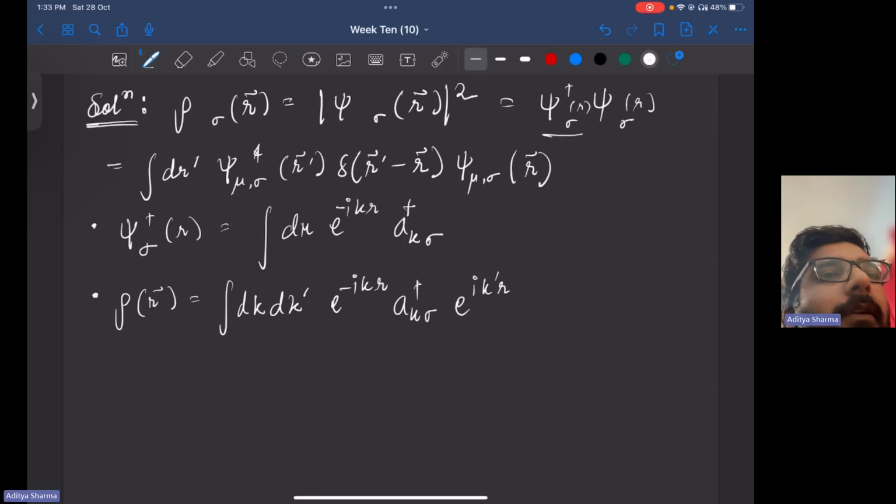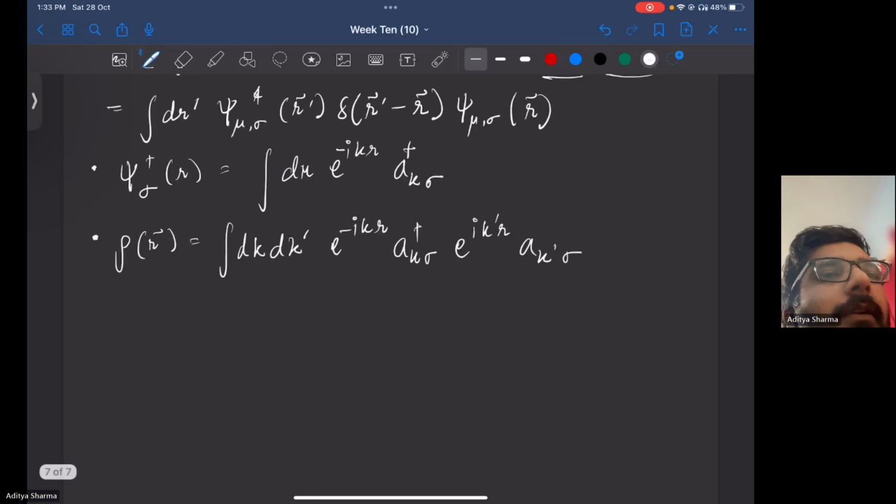Since this is psi of r and psi of r, the r's are going to be the same. So we get dk prime e to the power minus i (k minus k prime) r, a_k dagger a_k prime.